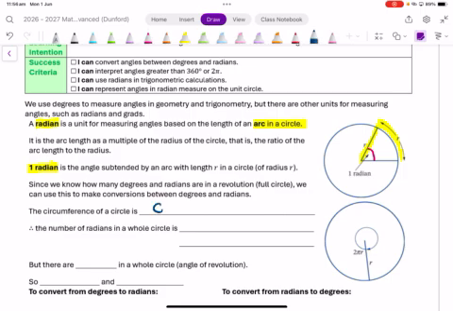We use C equals 2 pi r. Okay, so that means that the number of radians in a whole circle is 2 pi r over r, which just equals 2 pi.